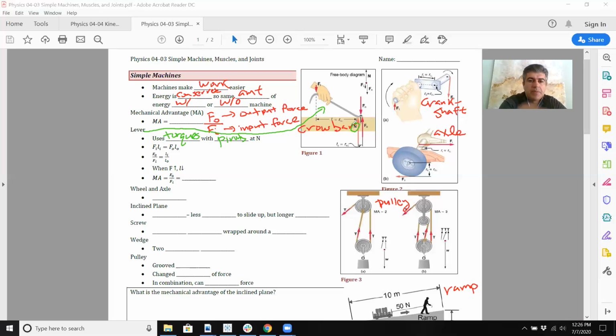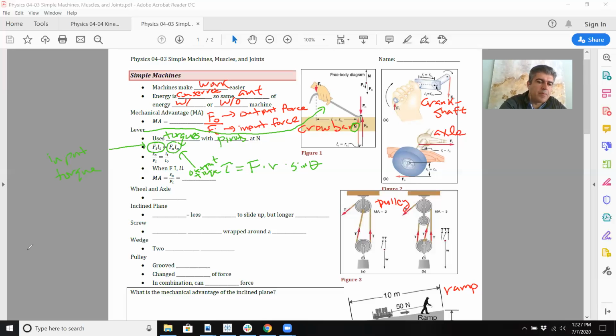And remember what torque is. Essentially your force times your radius. And typically we also multiply by sine theta, but if you're doing it at 90 degrees, don't worry about it. So this right here is your input torque. And this right here is your output torque.